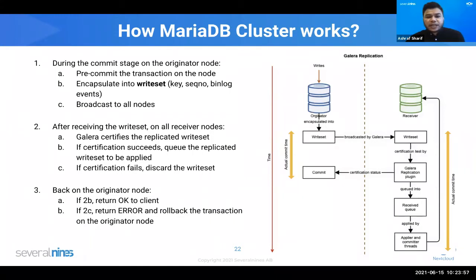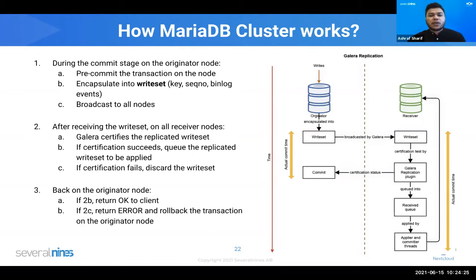However, before returning OK to the client, the commit process takes a bit longer because Galera will then encapsulate the transaction into a write set with all the necessary details like the primary key, the Galera sequence number, and also the binary raw events themselves that have been generated by the commit event previously. Then the write set is broadcasted to all the receiver nodes.